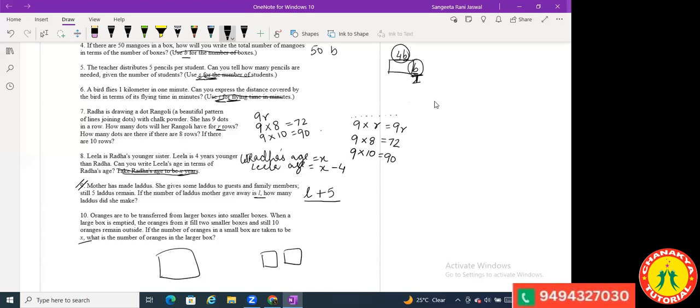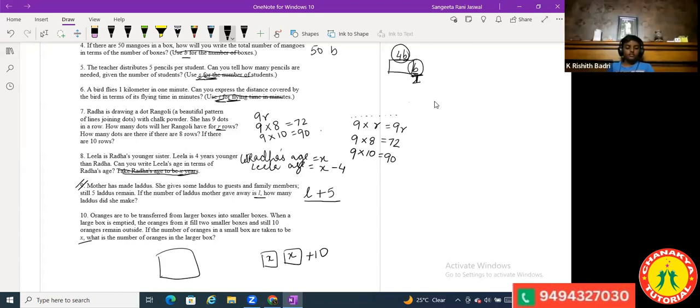When a large box is emptied, the oranges from it fill 2 smaller boxes, and still 10 oranges remain outside. If the number of oranges in each small box is taken to be x, what is the number of oranges in the larger box?